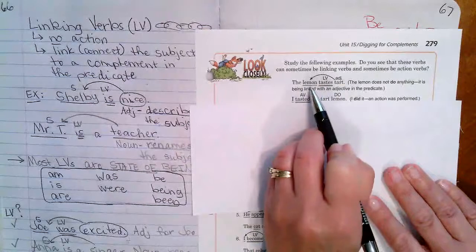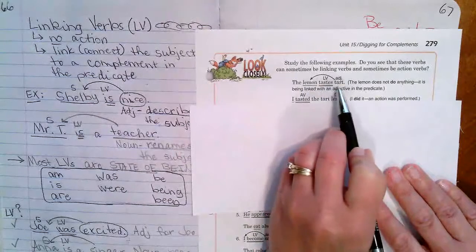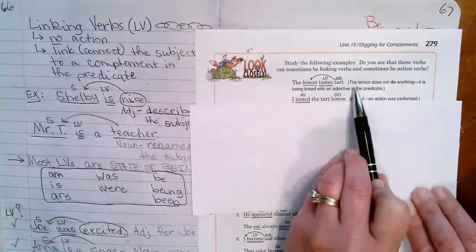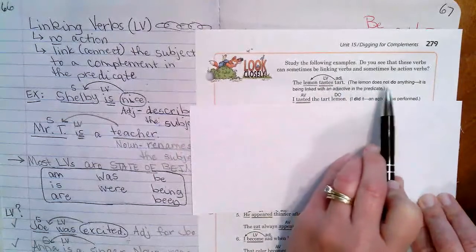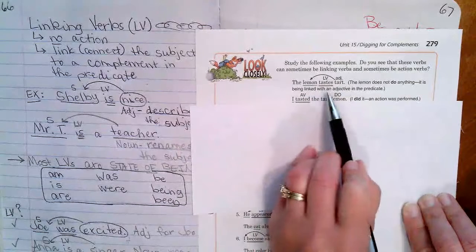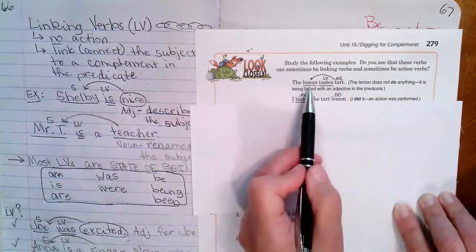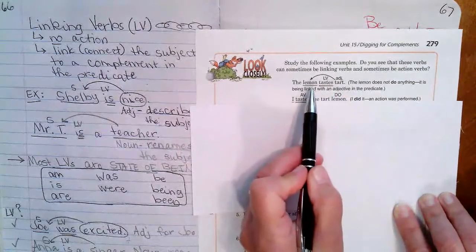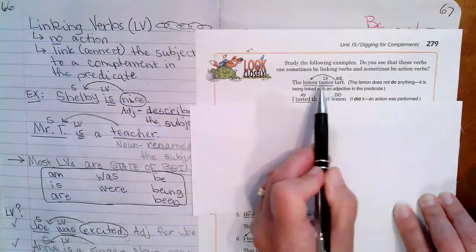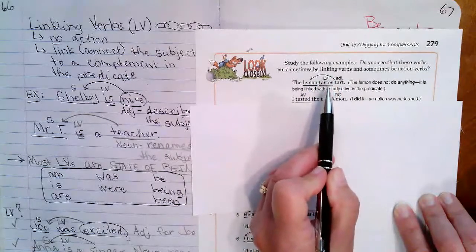Lemon is the subject, tastes is the verb, and tart is the description. The lemon does not do anything. It is being linked with an adjective in the predicate. There's no action here. Tart is an adjective that describes the lemon. So right here, tastes is a linking verb.